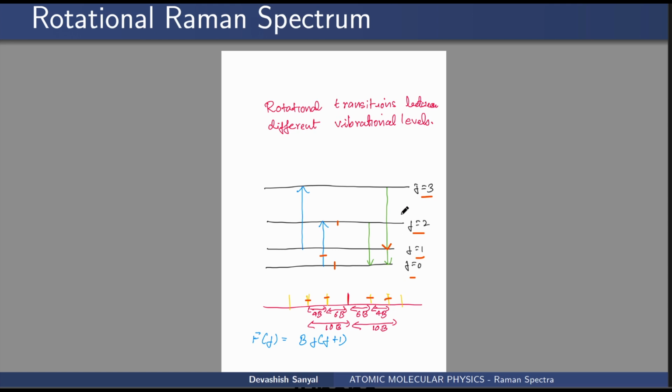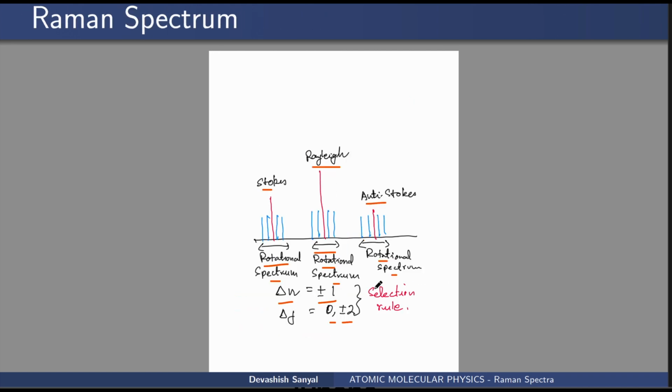So this transition effectively will emit a frequency which is higher than the incident frequency, and this is the central line, and to the left and the right we have the transitions between the rotational levels. So it is like this here.